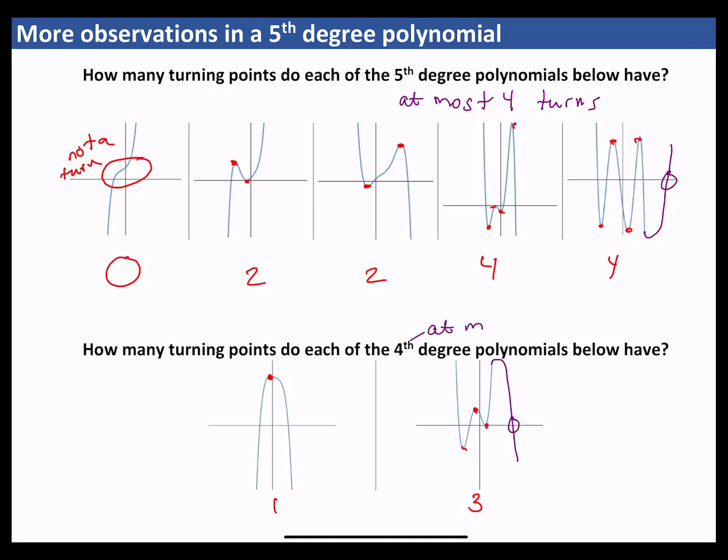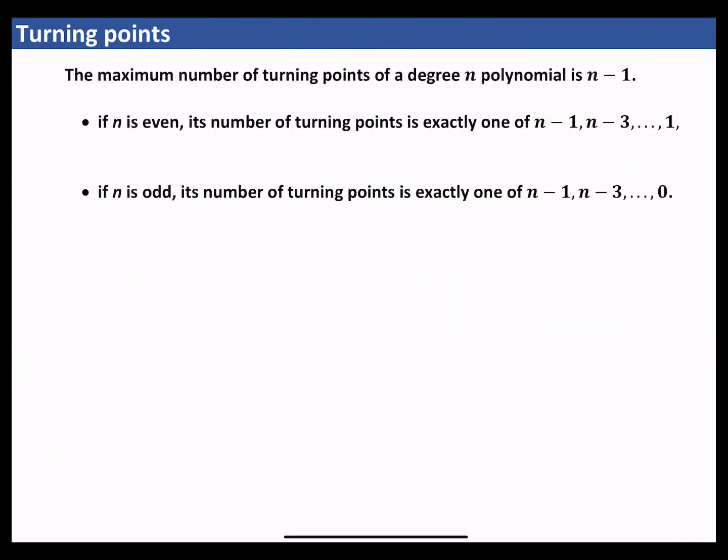It's also worth noting that the number of turning points seems to change by 2. The fifth degree polynomial had either 0, 2, or 4 turning points, while the fourth degree polynomials had either 1 or 3 turning points. These observations can also be generalized and proven for all polynomials.